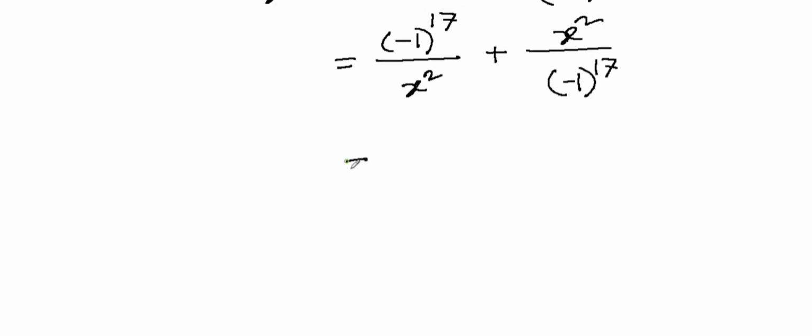Minus 1 to the power 17 equals minus 1, divided by x squared, plus x squared times (minus 1) to the power 17 equals minus 1.